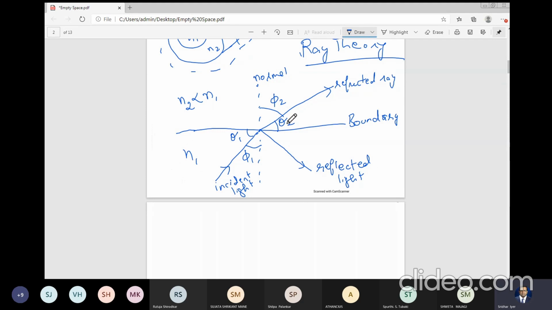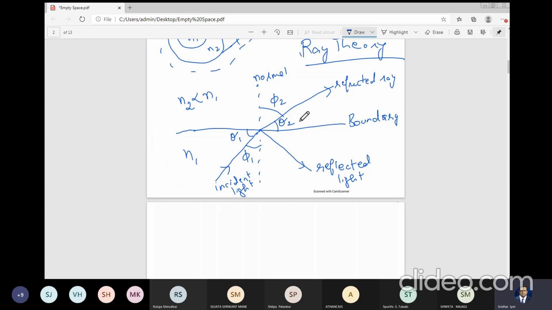The incoming angle, this particular angle theta 1 or phi 1, is known as the angle of incidence, and the outgoing ray is known as the angle of refraction. So you have angle of incidence phi 1, and then angle of refraction, that is going to be phi 2. So this is how it is happening in general.